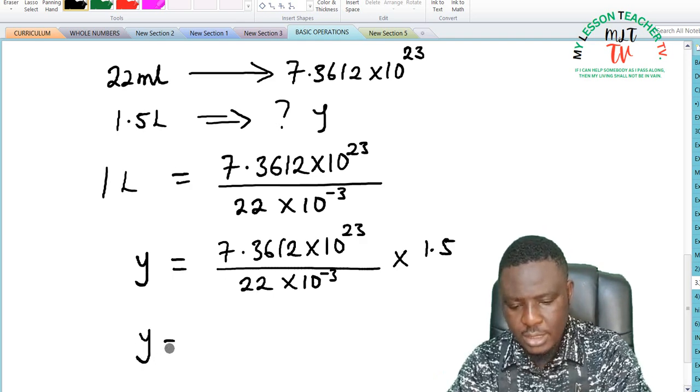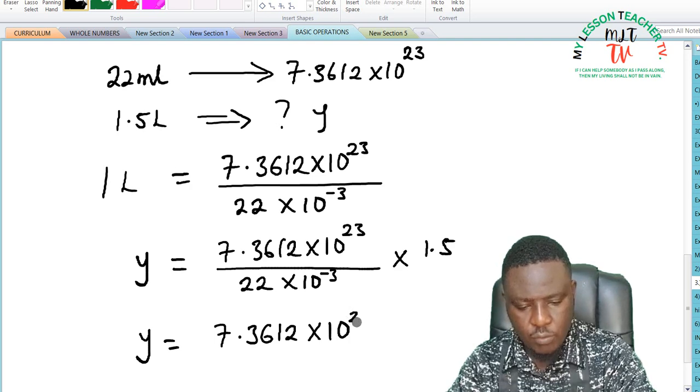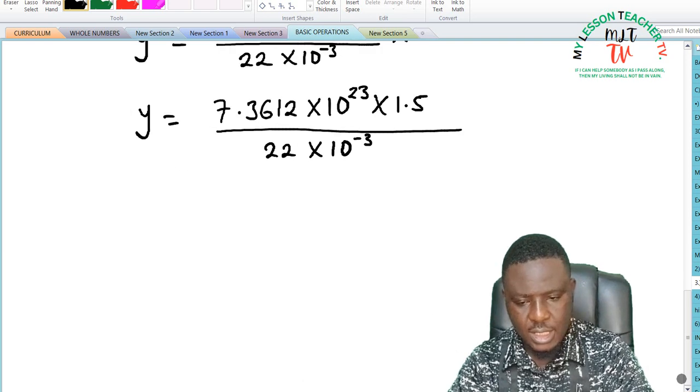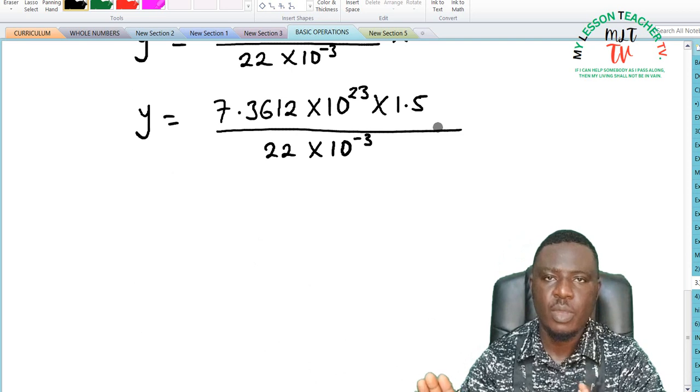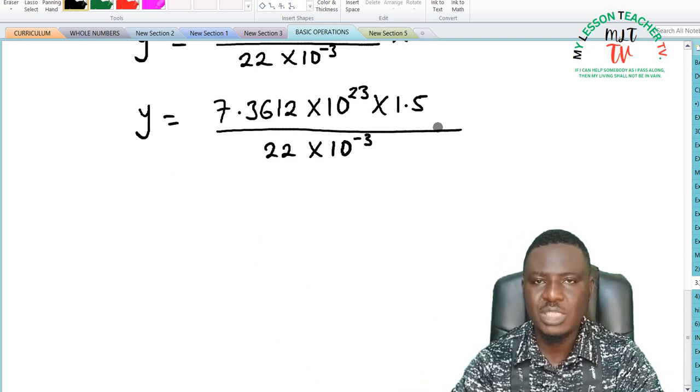So that Y is equal to 7.3612 times 10 raised to the power of 23 times 1.5 divided by 22 times 10 raised to the power of minus 3. I've been able to express it from a word problem to an algebraic expression, which is in standard form.